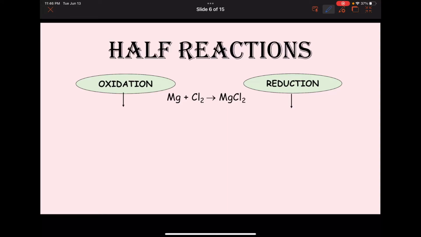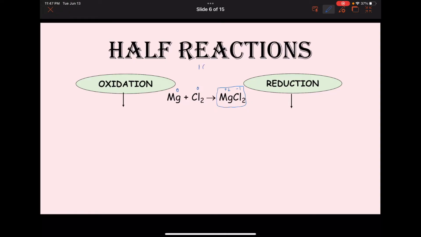Magnesium is in the elemental form, so it's going to have an oxidation state of 0. Chlorine is in the elemental form, so that's going to have an oxidation state of 0 as well. In magnesium chloride, magnesium is going to have a charge of +2, and this can come from the periodic table. And then chlorine is going to have a charge of -1. If you want to double check, the sum of the oxidation states in this compound must equal 0 because it's neutral.